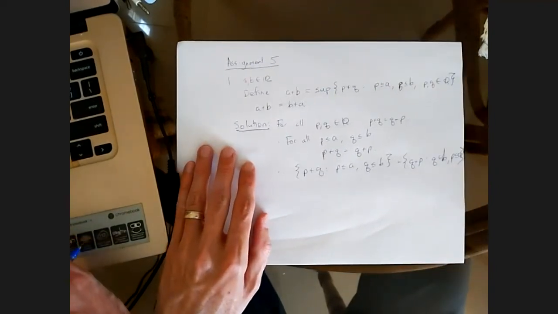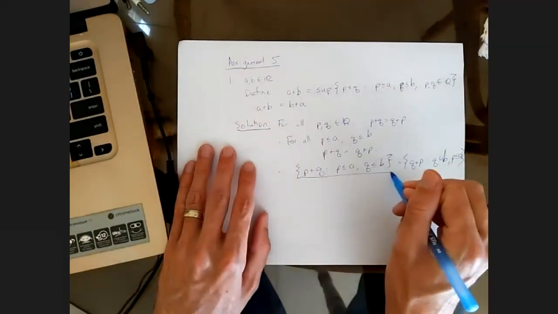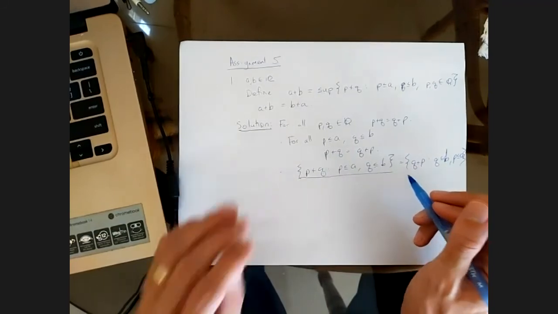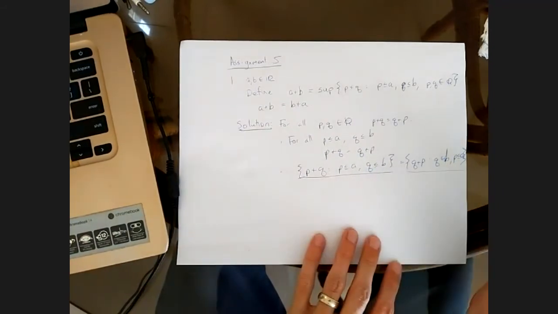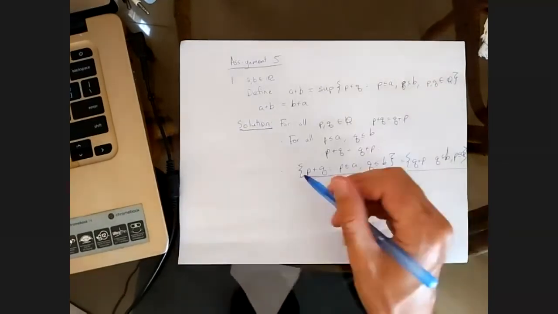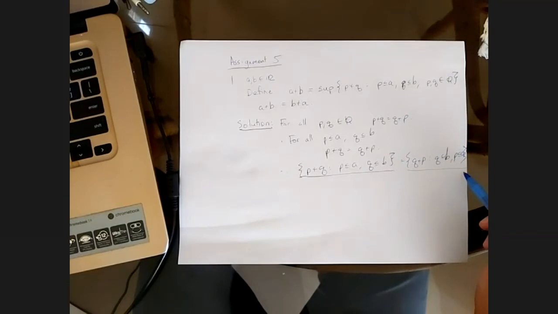And then what that tells us is that the least upper bound of this set, if it exists, is the same as the least upper bound of this set. The least upper bound of this set is a plus b. The least upper bound of this set is b plus a.